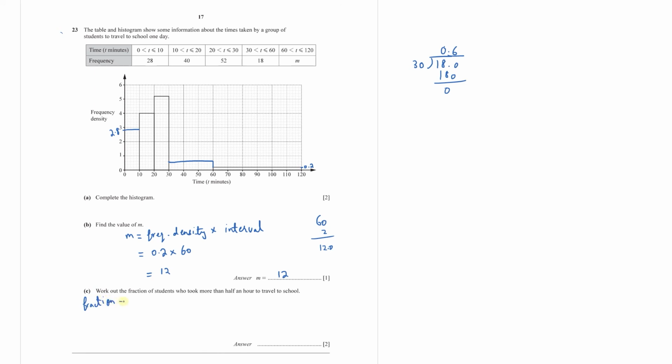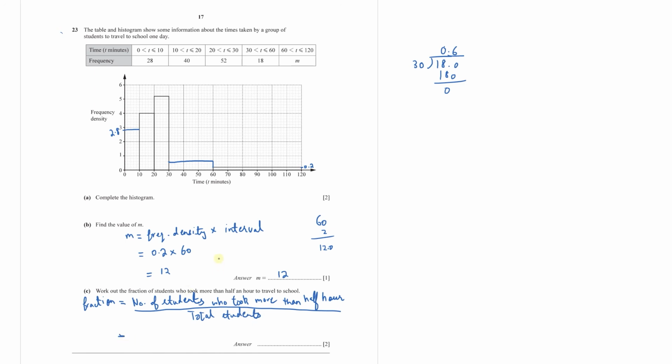Fraction is equal to the number of students who took more than half hour, divided by total students.